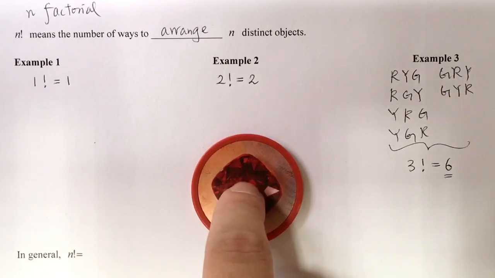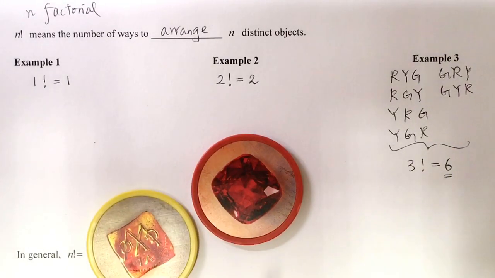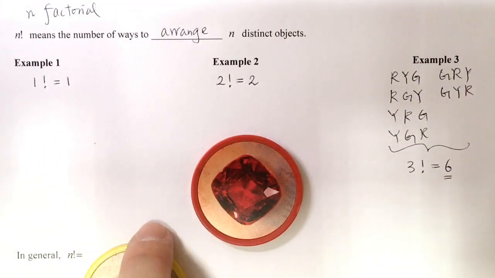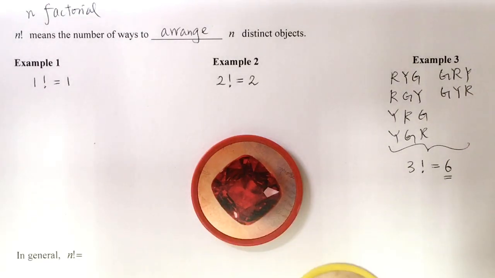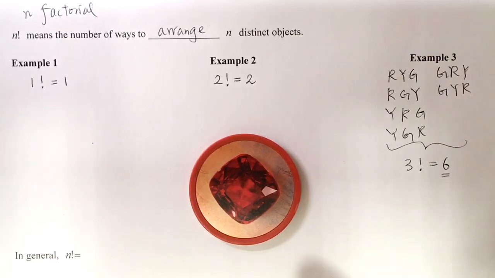So on top of the first object, for the second object onwards, the total number of ways to arrange is multiplied by its object number.